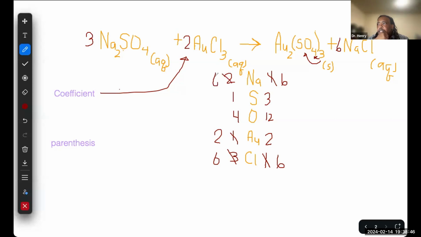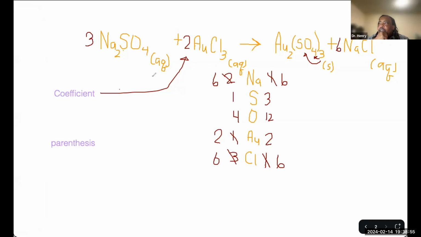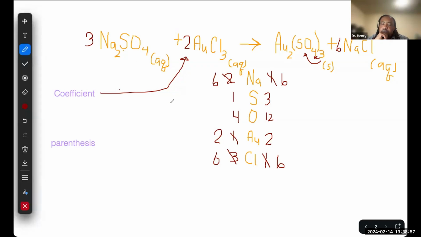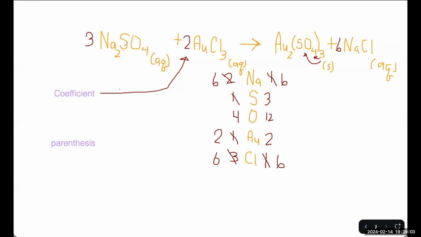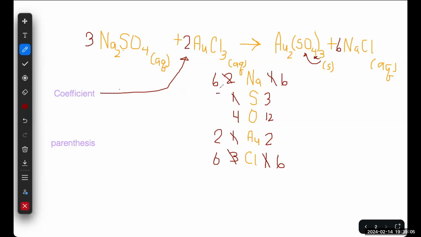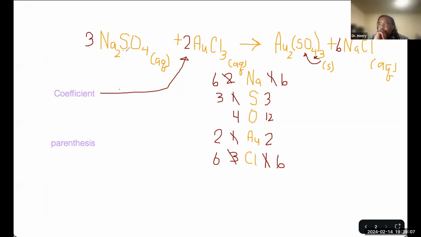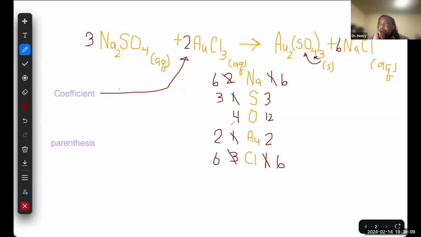So 3 times 2 is 6. And then how many sulfurs do I have on my reactant side now? 3. Okay. 3 times 1 is 3. And then how many oxygens do I have? 12.